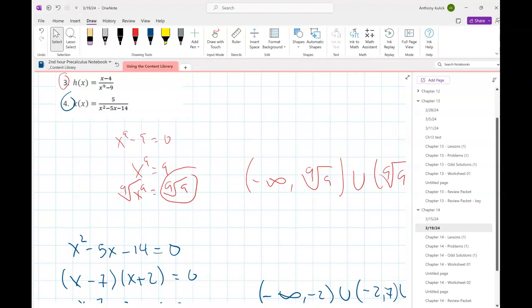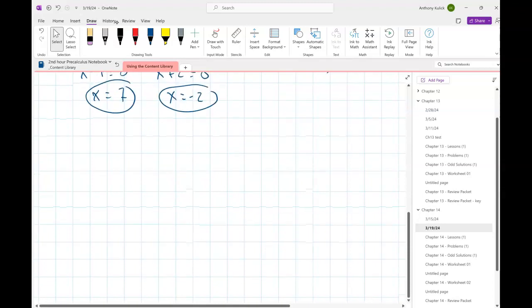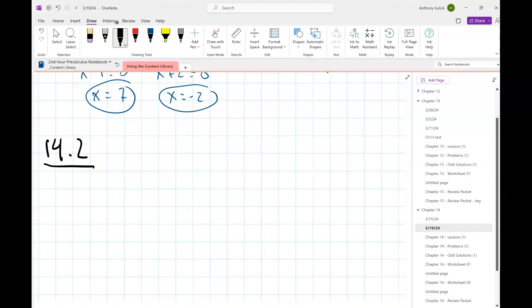Okie dokie, artichokes. Let's get this show on the road then. 14-2. Is it a long question? Definitely not. Okay, perfect. I just have some examples to do, and there's no new concept. Yay! Are we going to have a test before we leave for free?